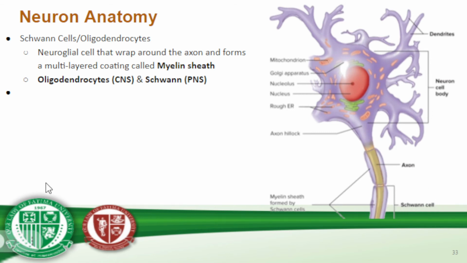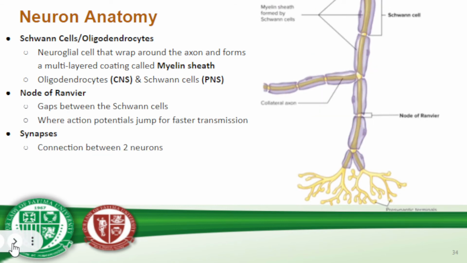Alright. So, as mentioned, mahalaga yung myelin sheath natin. Because once ma-form siya around the axon, mag-iiwan siya ng gaps. No, ito may gap dito, dito rin meron, dito, tsaka dito, even here, sa sides meron, no? And those gaps between the Schwann cells or oligodendrocytes are what we call nodes of Ranvier.